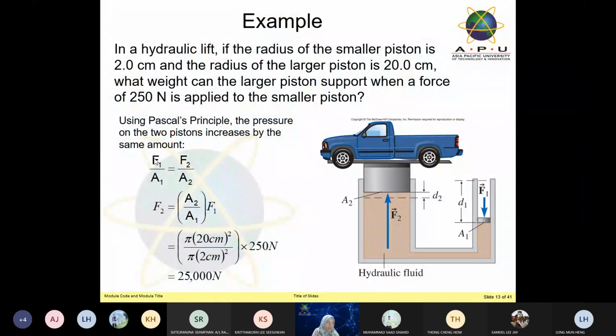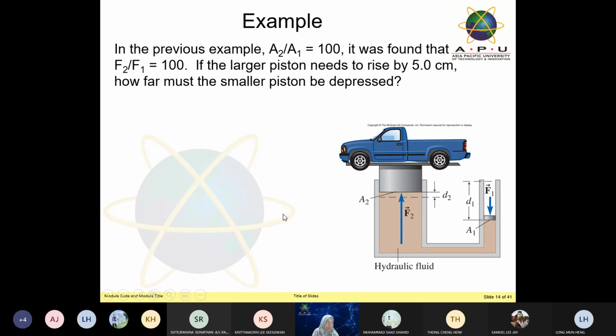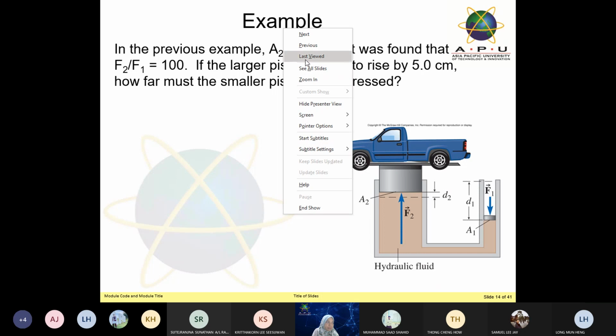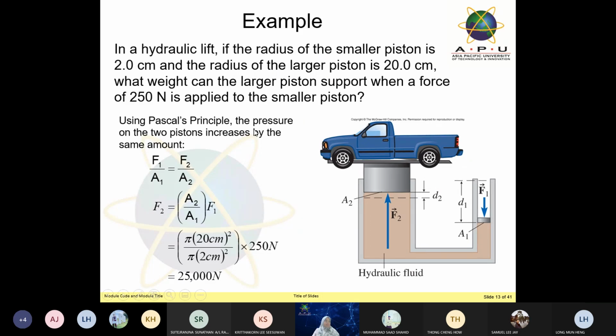Since F1 per A1 is equal to F2 per A2, so F2 equal to, this one cancels with this, times F1, 250. But this is force, right?